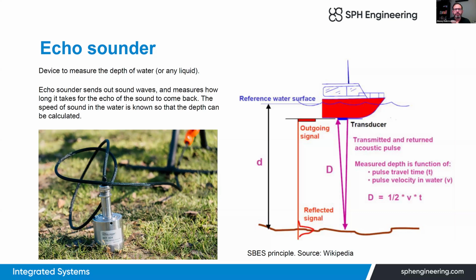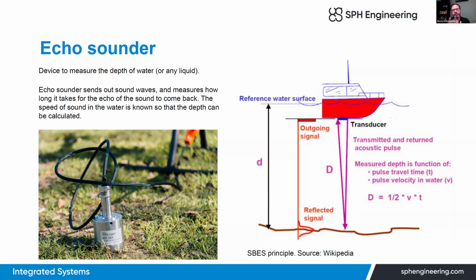Interesting that sound speed in the water is not constant. It varies depending on temperature and salinity of the water, but it will be more or less around 1,500 meters per second. If you need very precise measurements, you can use special devices called sound velocity profilers, which can be dropped down into the water and measure the sound speed through the water column at different depths.